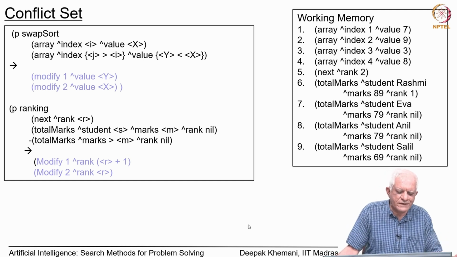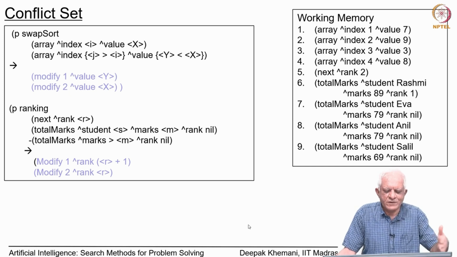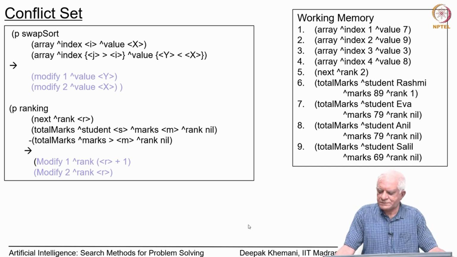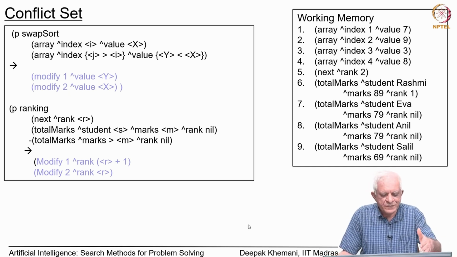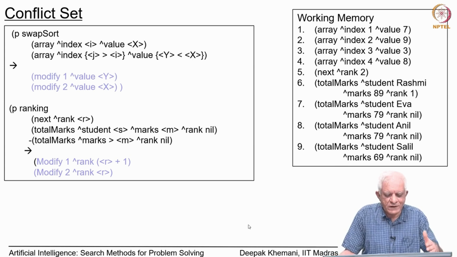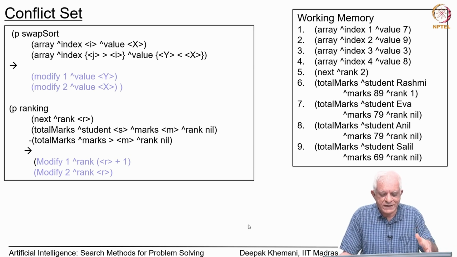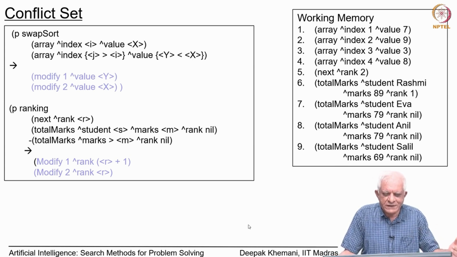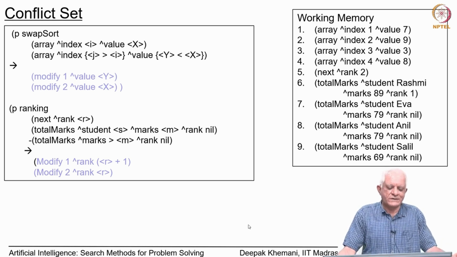But we know, of course, that the actions were that we had to modify those two records essentially. If there is a record with value I and index I and value x, and there is a later record with value less than x, then interchange the values of the two records.